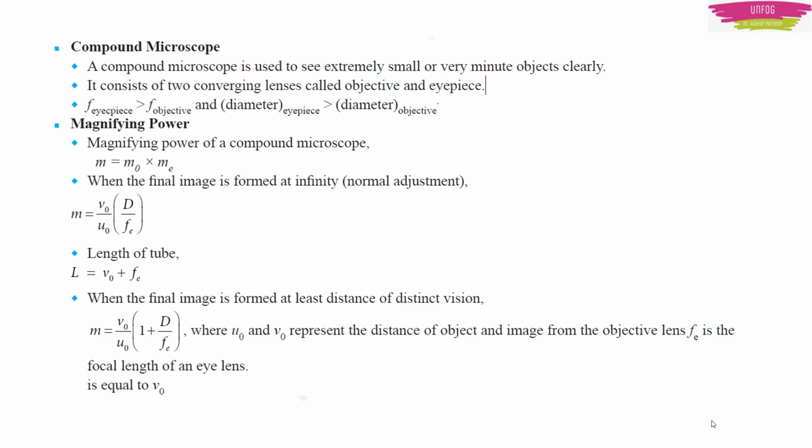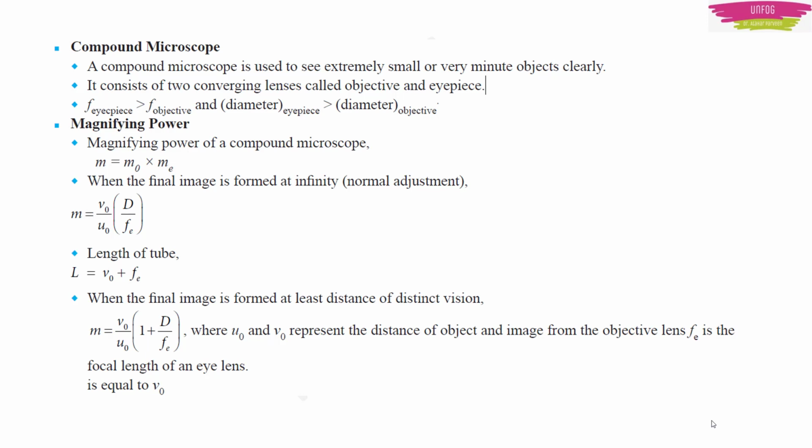Here, if the length of the tube in the compound microscope is equal to V0 plus FE, then when the final image is formed at the least distance of distinct vision, this magnification will become V0 upon U0 into 1 plus D upon FE.